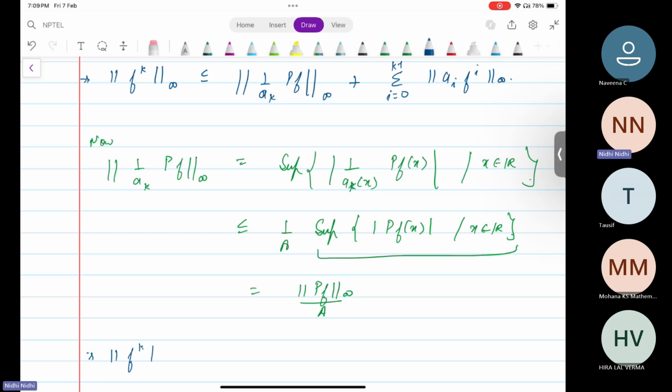So using this in the above inequality, we get the sup norm of f^(k) is less than or equal to the sup norm of Pf by A plus summation i from 0 to k minus 1 of a_i f^(i).